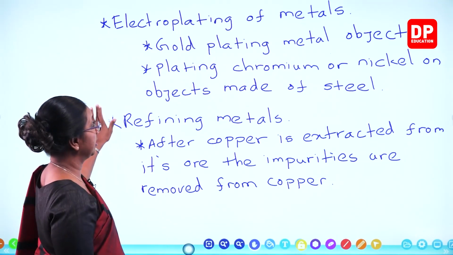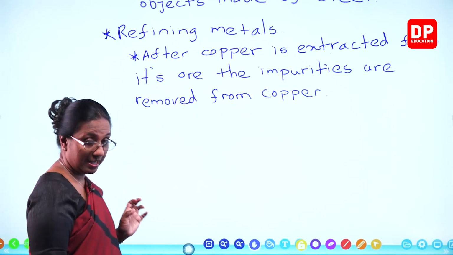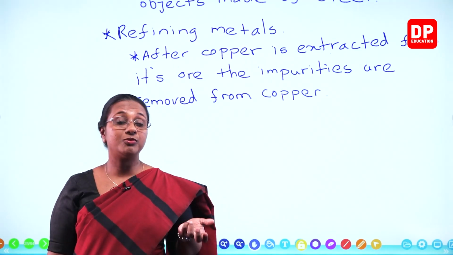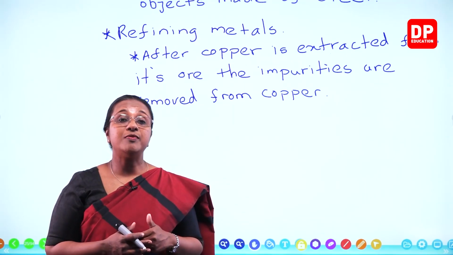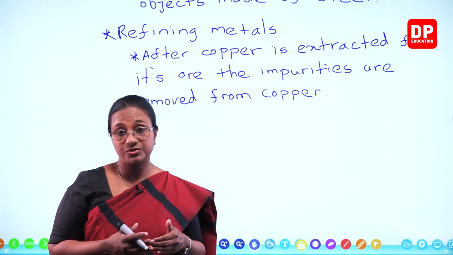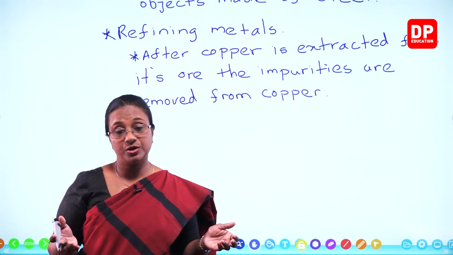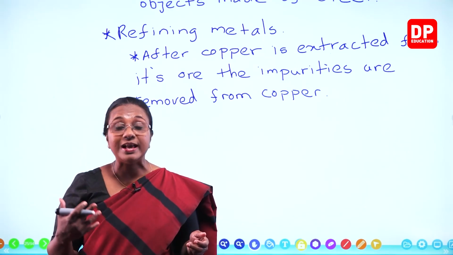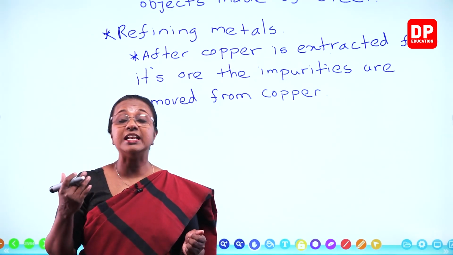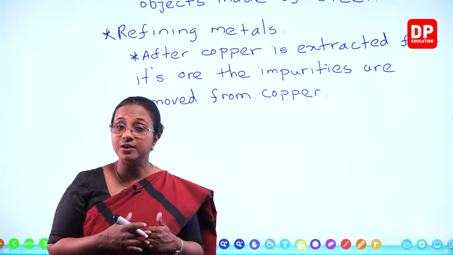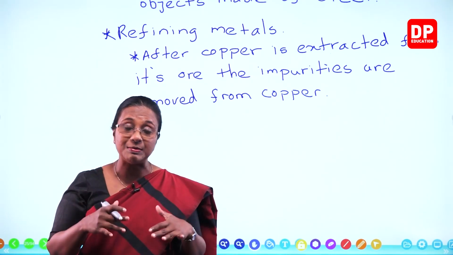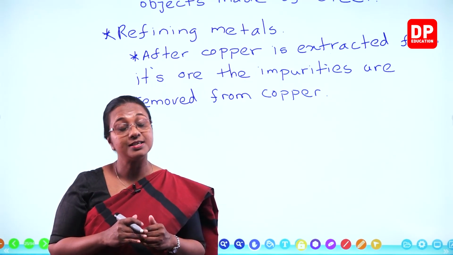In addition to that, there is another application that also we have looked at, the electrolytic process, manufacture of sodium hydroxide, that is caustic soda. You can remember when you electrolyze sodium chloride aqueous solution, then we get sodium hydroxide as one of the products remaining in the electrolytic cell.